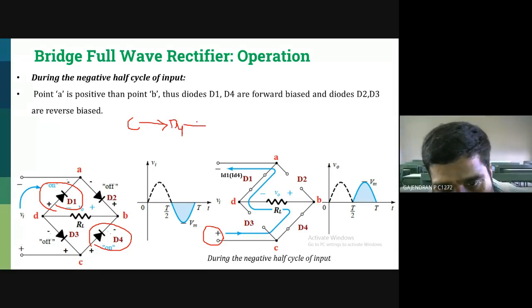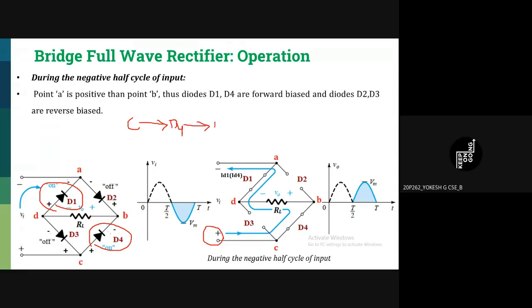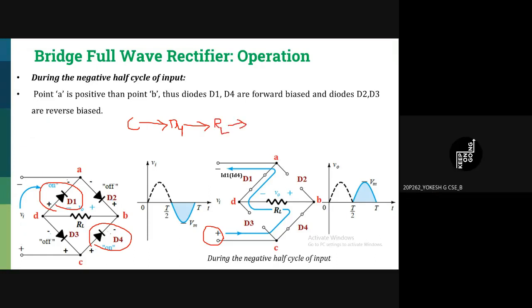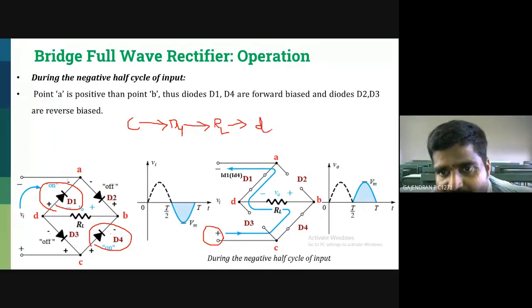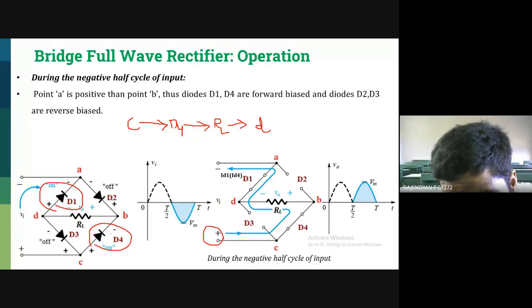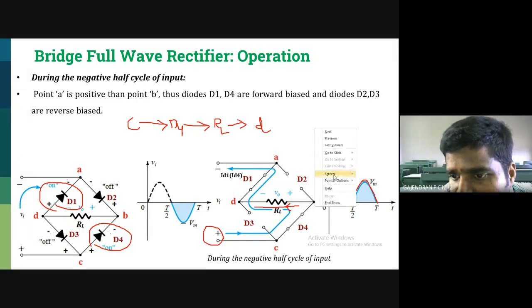Then D4 to RL, to D1. Is it clear? D1, clear. Okay. See, if you observe during negative half cycle also, the current enters the positive terminal and leaves the negative terminal. Therefore, I am going to mark the same polarity. Is it clear up to this?